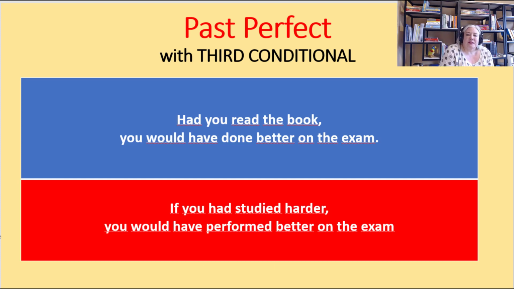The third conditional is used to talk about a hypothetical. It's not exactly hypothetical. There's no possibility of it occurring. It's an unreal conditional. It's talking about how things would be different if certain events had occurred.